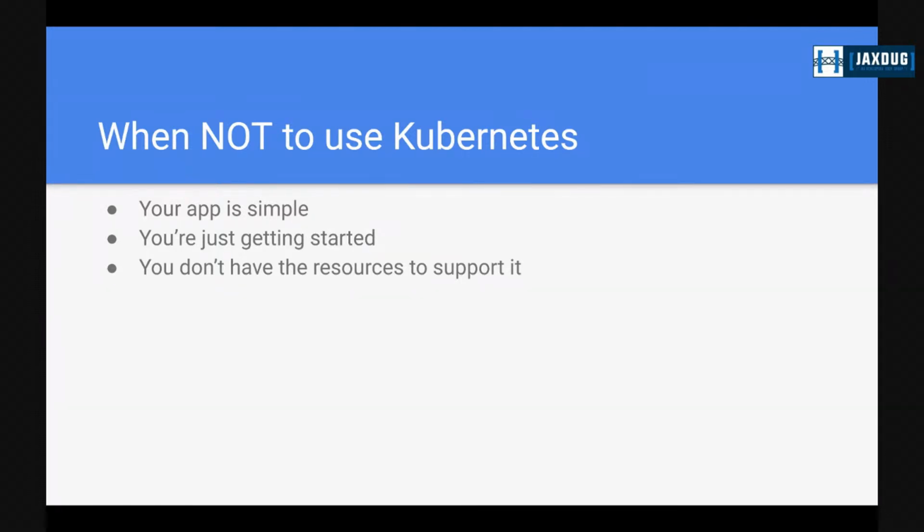But once you get to a point where your deployment is now complex, scaling is difficult, that's when you want to start looking at a tool like Kubernetes to help you. What I would recommend, though, is regardless of using Kubernetes or not, I would recommend that you look at containerizing your applications. Kubernetes is not the only orchestrator.